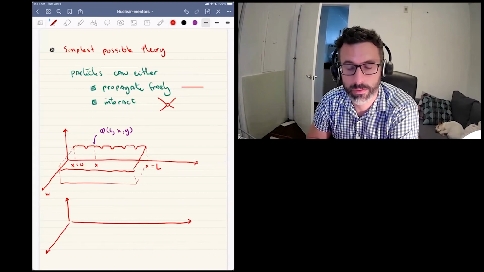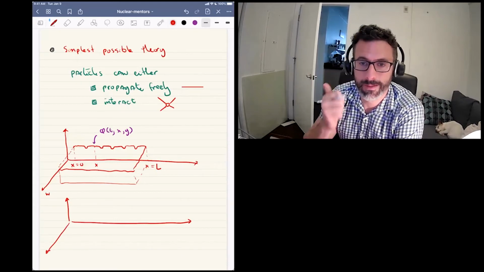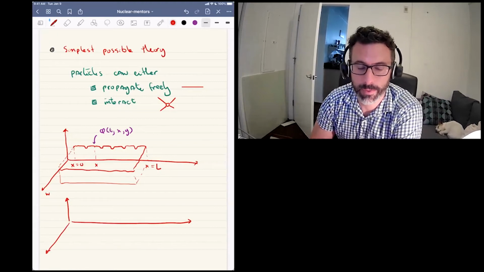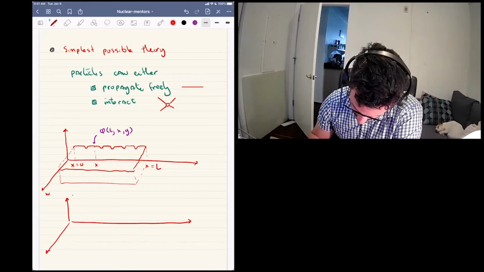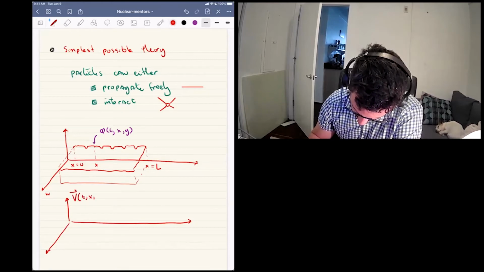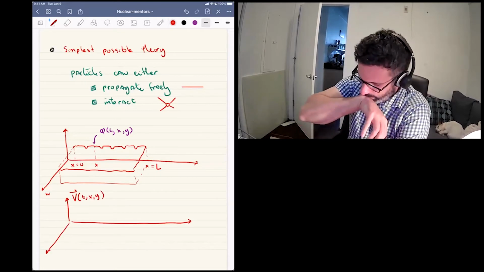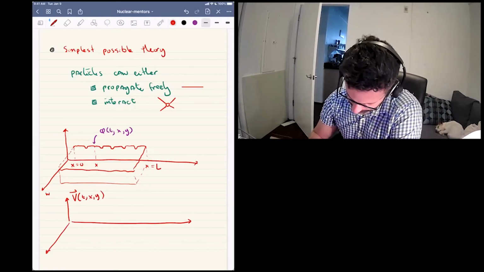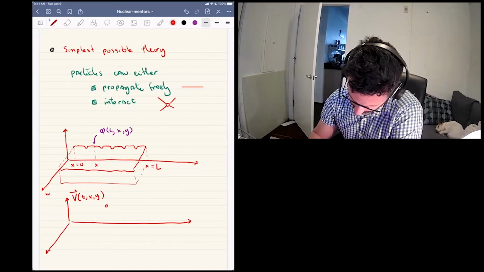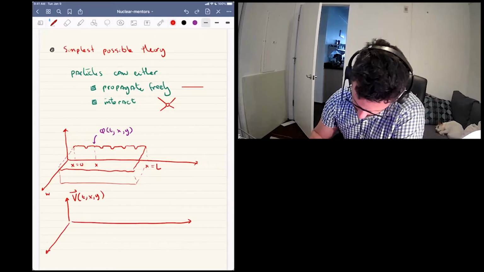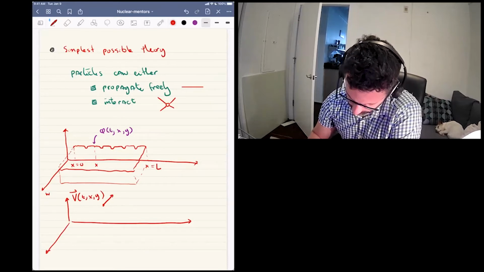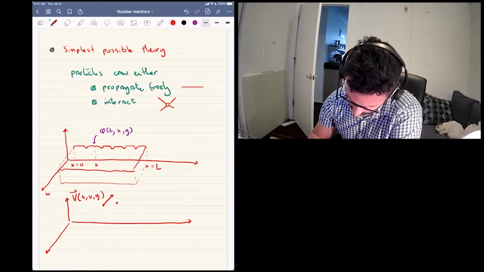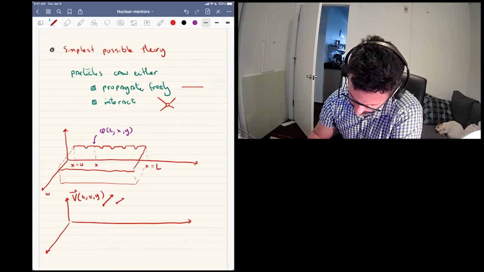I want to determine the velocity of wind at any point. Let me call that v, which is going to be some vector. It's going to depend on time, on x and y. And so at some point, the wind is going to be moving in some direction with some velocity, with some magnitude. Another one's going to be different.